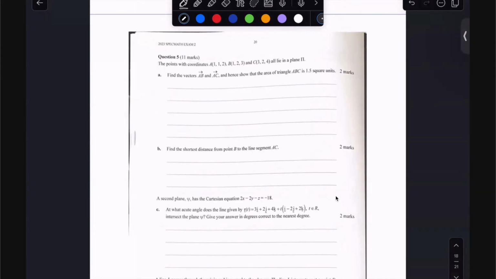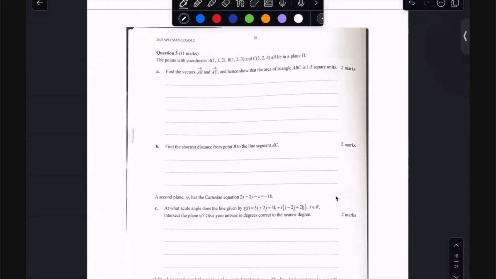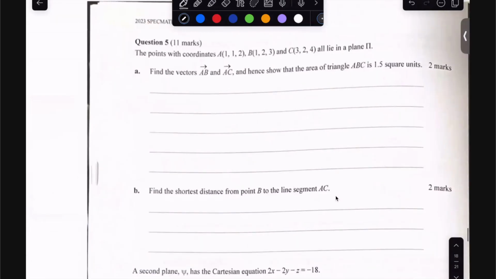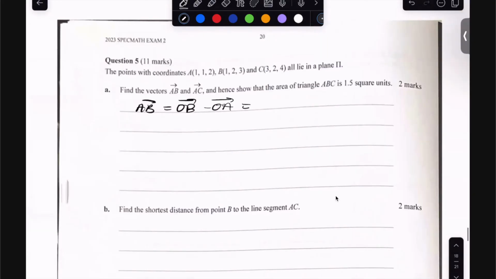2 more questions. The points with the coordinates that, and that all lie in plane pi. Find the vectors AB and AC, and hence show that the area of triangle ABC is. So AB is just OB minus OA. Now that is 1 minus 1. It just says find, so I don't need to do much.